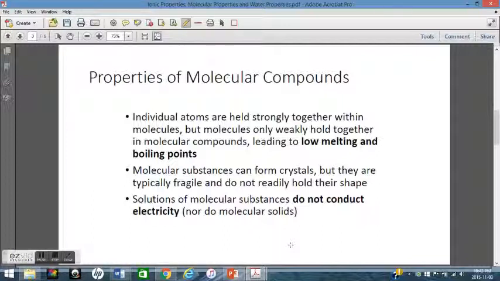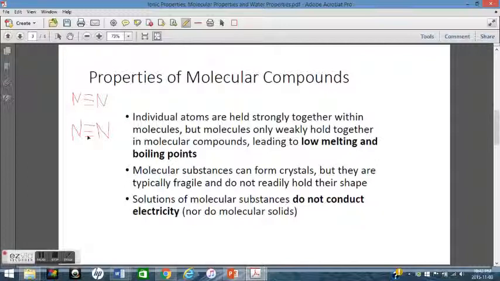Okay. Now, molecular compounds, they're held together strongly within molecules, but the molecules themselves only weakly hold together. Okay, so if you've got oxygen gas, for example, or nitrogen gas is diatomic, and so we have a nitrogen that's actually got 3 bonds, that's Chem 20 stuff, between that and another nitrogen.